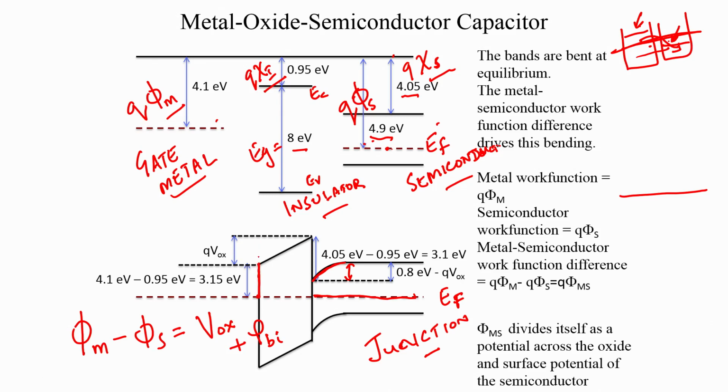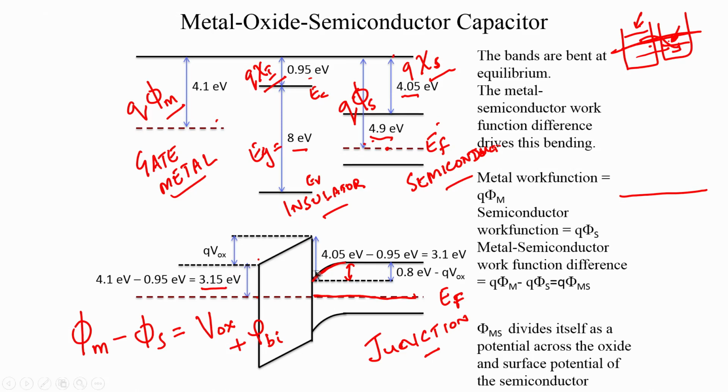Since at this point the electron affinity of the insulator was about 0.95 electron volt, and the work function of the gate metal at this point is 4.1 electron volt, and since these two are constants, this barrier height has to have a value that is the difference of these two energies, and that is going to be about 3.15 electron volt.